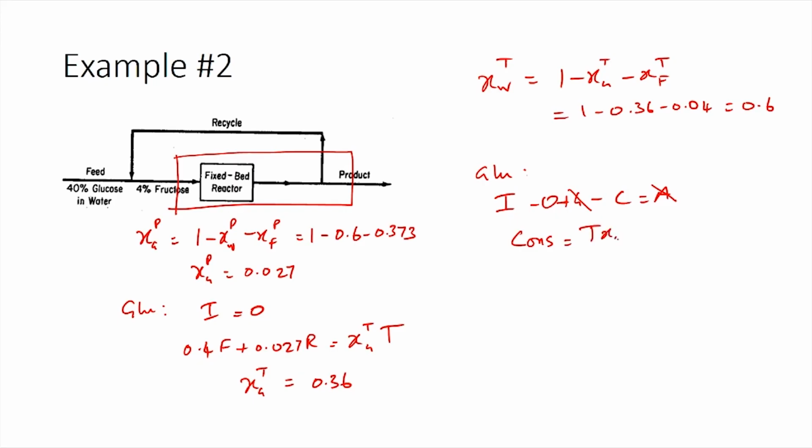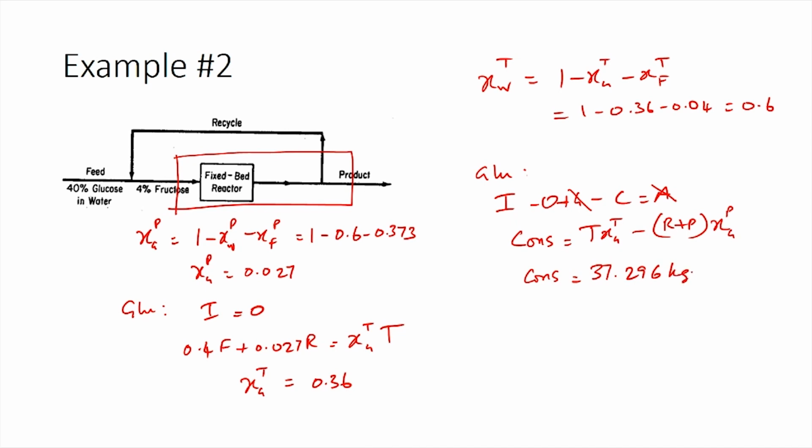Input is T XGT and output is R plus P times XGP. Substituting the values for T, XGT, R, P and XGP, we can calculate the consumption as 37.296 kilograms.